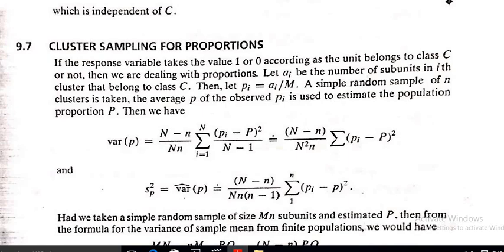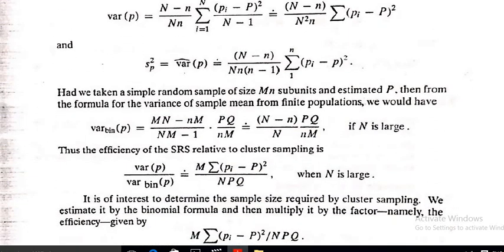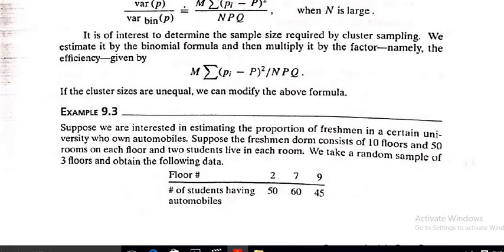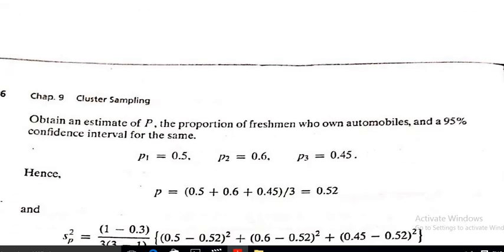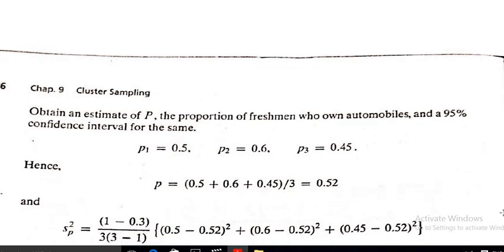Here we have to find the estimate of P, the proportion of freshmen who own automobiles, and a 95% confidence interval for the same.